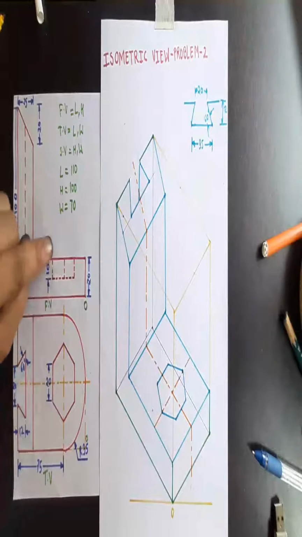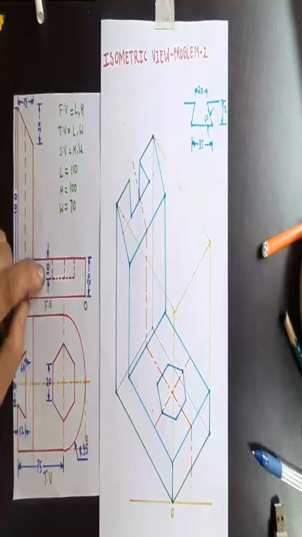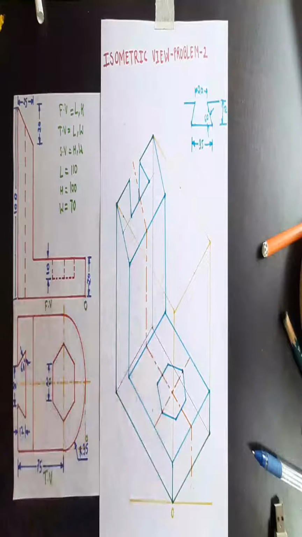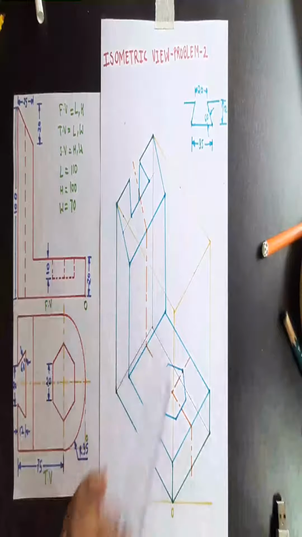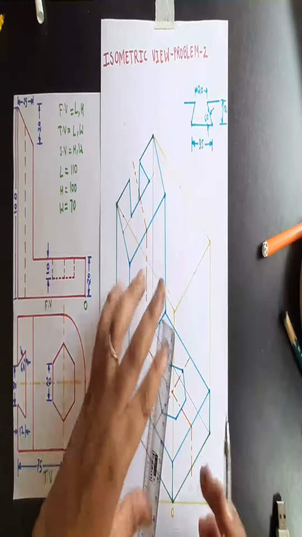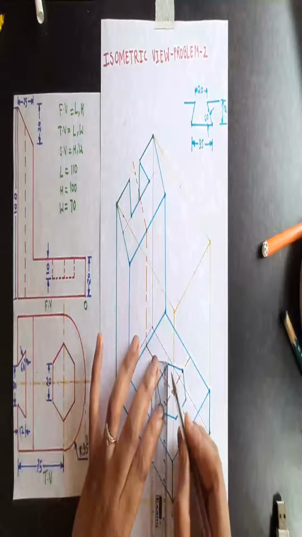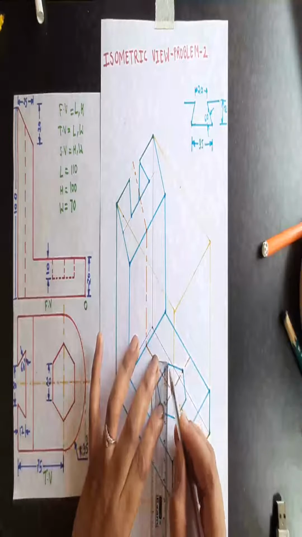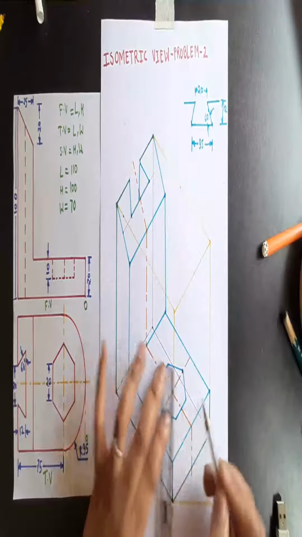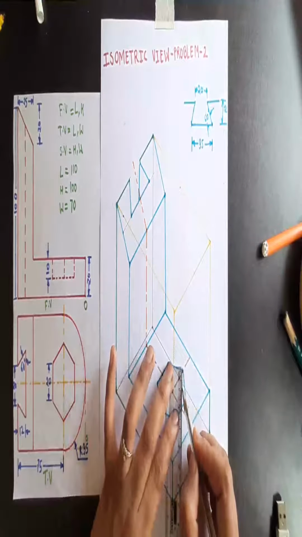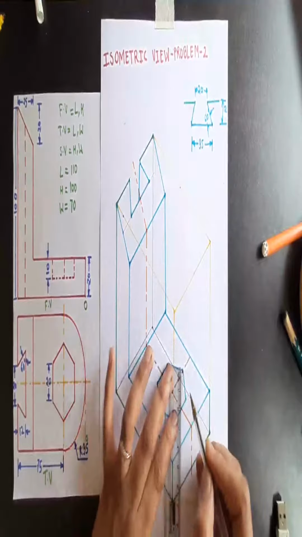Now once you have drawn the hexagon, you can see from the front view that the hexagon is a slot which is having the height of 10 mm, so it is going downward. So if I draw it, if I give the height of 10 mm, let me use the pen, so it will be like a projection, and give the height of 10 mm from each point. So here is 10 mm, here is another 10 mm, right?